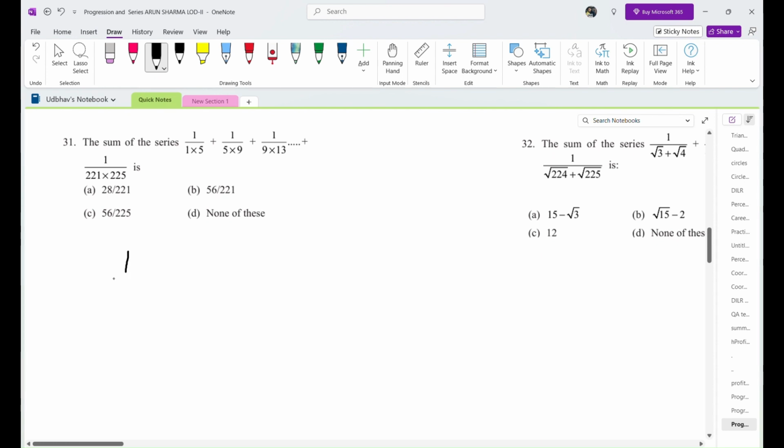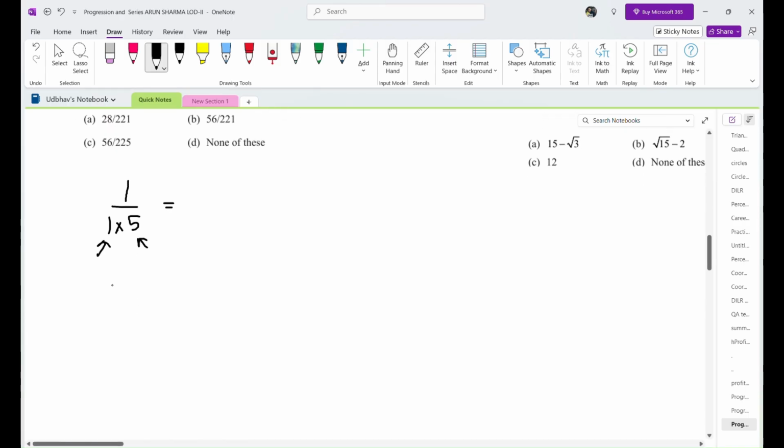The first term is 1 upon 1 into 5. Now, how can we write this into that telescopic form? It is 1 and this is 5. What comes between 1 and 5? 2, 3 and 4, right?